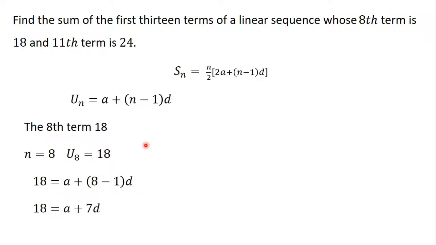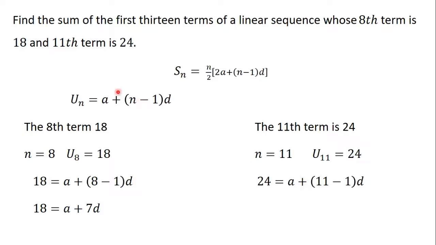The next part of the question says that the 11th term of the linear sequence is 24. The 11th term is 24. The 11th term in the linear sequence will be denoted by U11. So U11 is equal to 24. We are talking about the 11th term, so n is equal to 11. Let's find U11 from the formula.